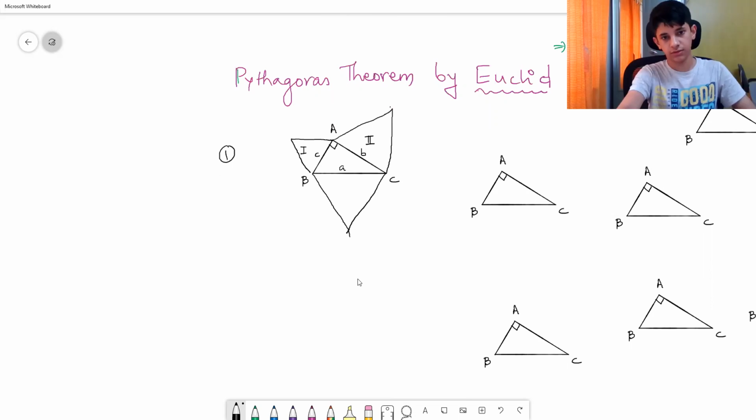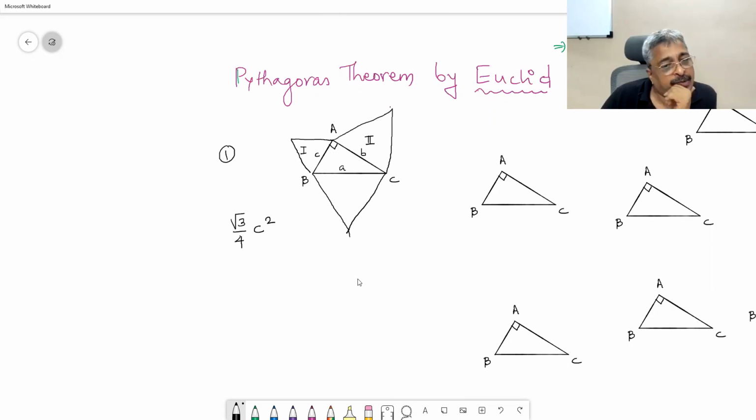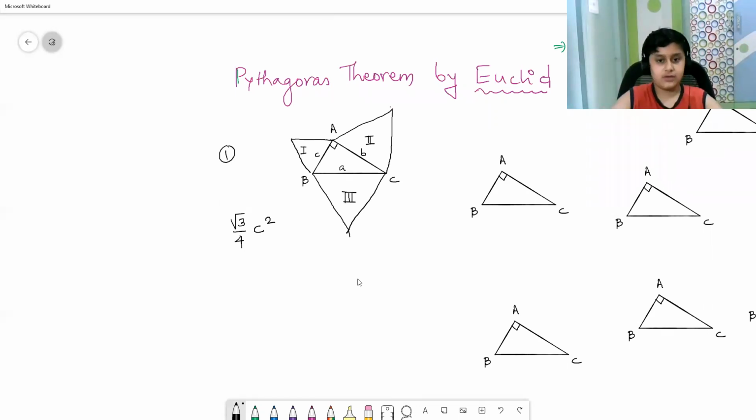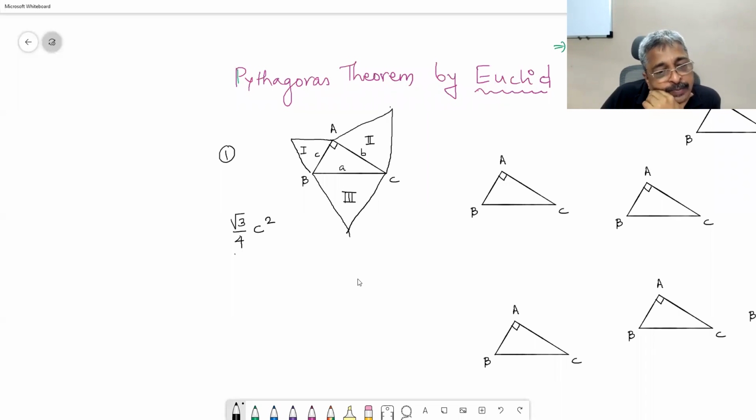Root 3 by 4 c square. Correct? Very good. What will be the area of triangle 3? Root 3 by 4 a square.